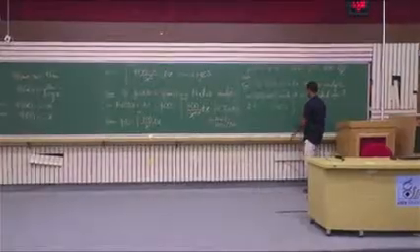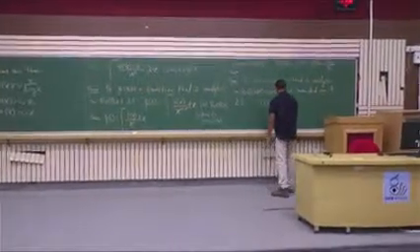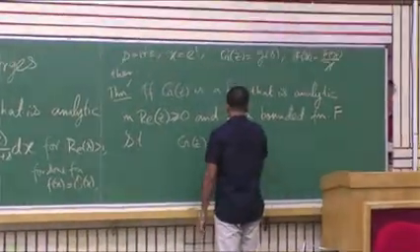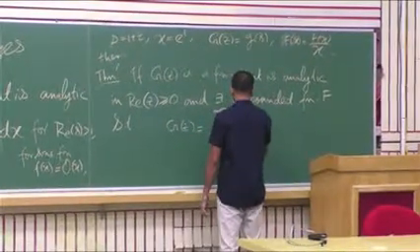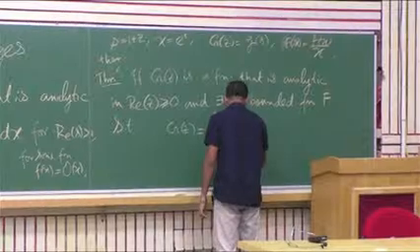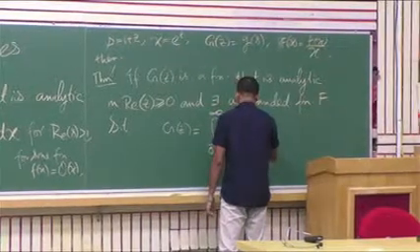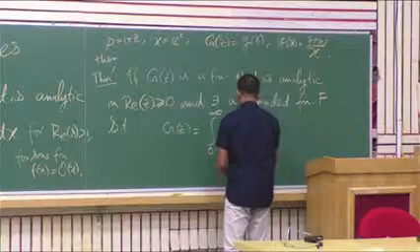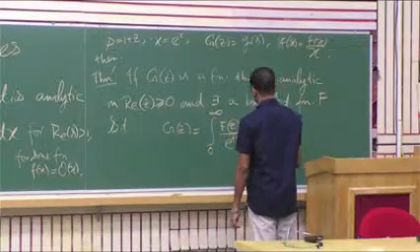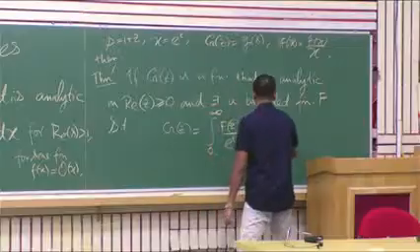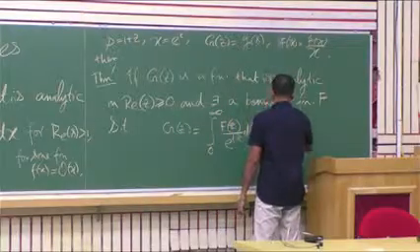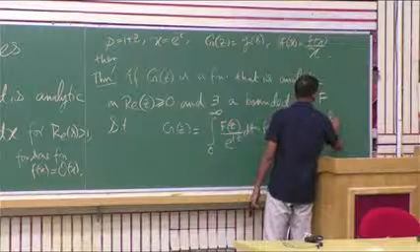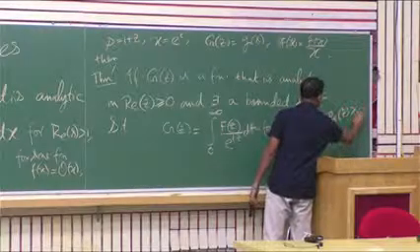So g(z) is given by the integral, because we are replacing x with e to the power t, from 0 to infinity of F(e to the power t) by e to the tz dt, for all z with real part of z greater than 0.